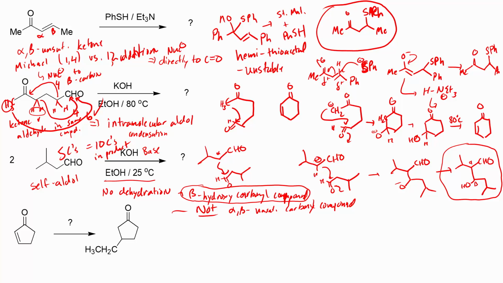What happened here? Alpha beta unsaturated ketone looks like we added an ethyl group to the beta position and we added a hydrogen here.